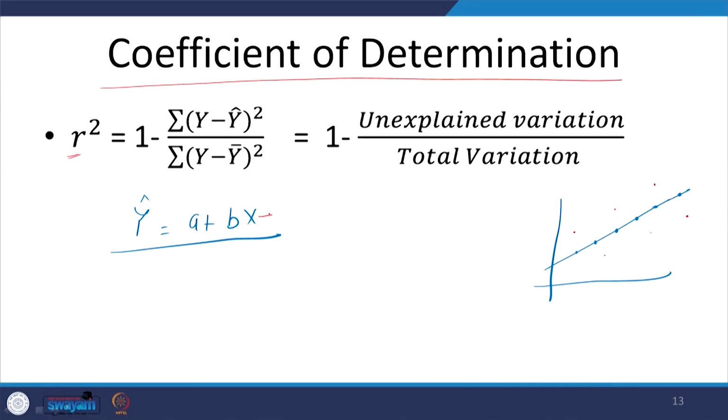But as I told you, in practice you may have more independent variables also, and when you have more independent variables, then you will have a much better forecast, because then you will be able to explain more variations of your dependent variable.